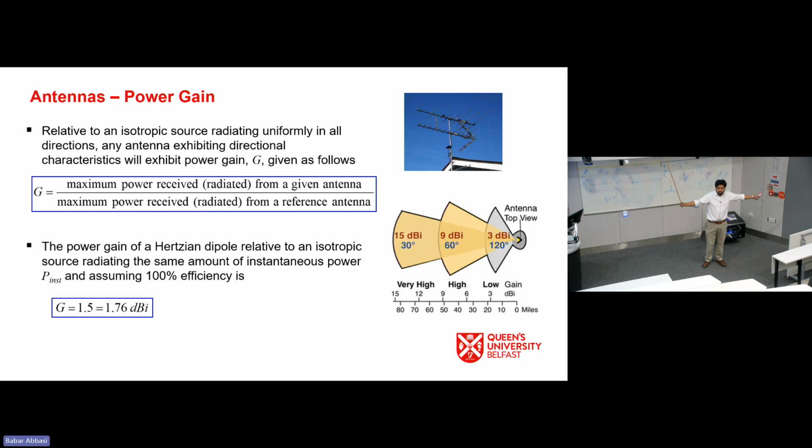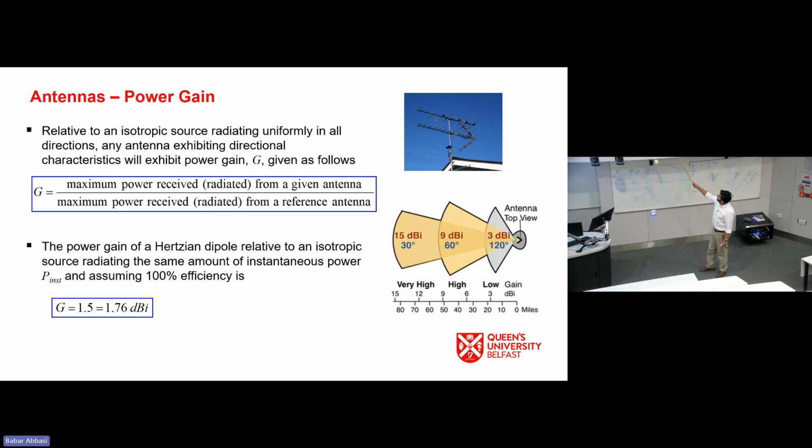So more sector, less gain. Small sector, more gain, more distance. And if I want to throw energy till 80 miles, then I need 15 dBi of antenna gain. And my sector will then be 30 degrees, even shorter.